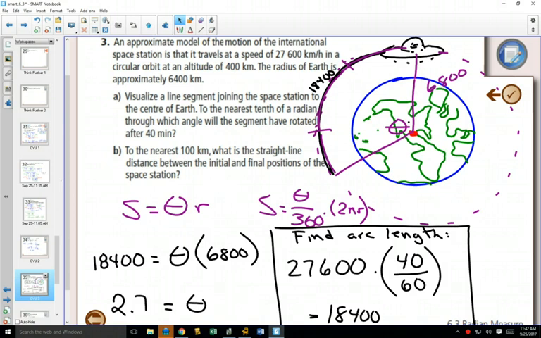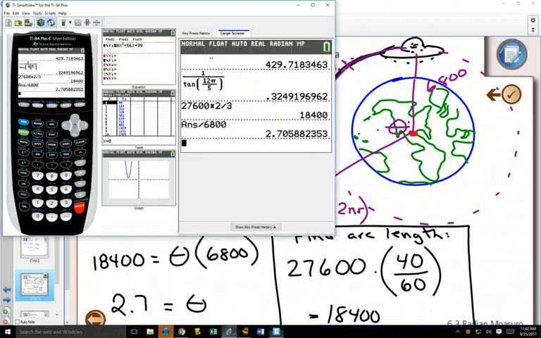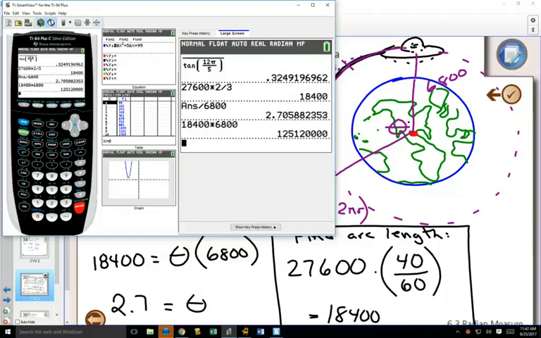Because sometimes you're doing math and you want to go 18,400 divided by 6,800 and you accidentally hit the wrong button. And you're like, wow, that's a big number. And you might not know what you did because you didn't realize you hit the times button instead.